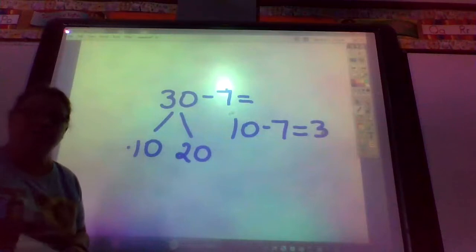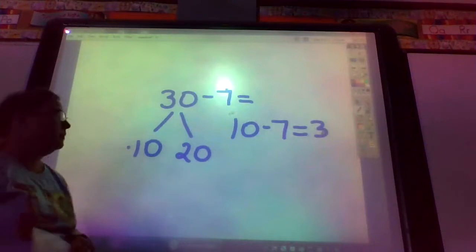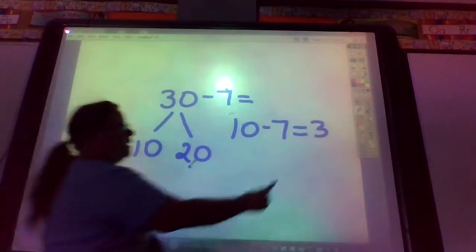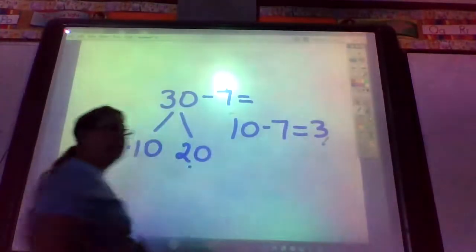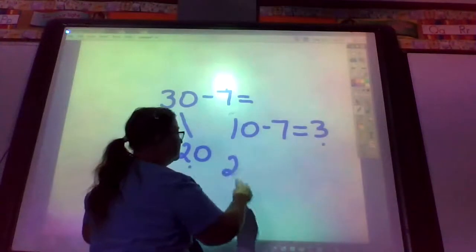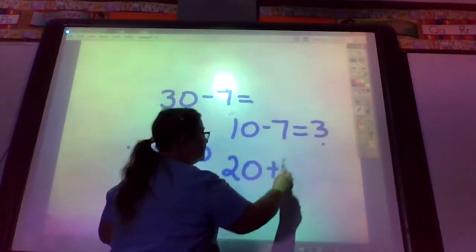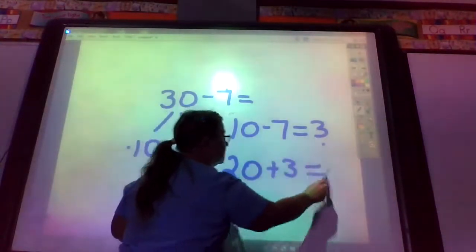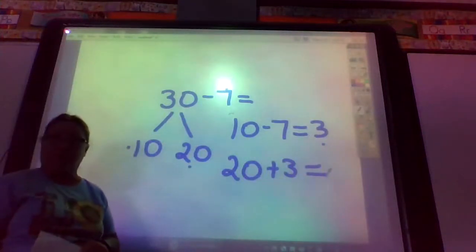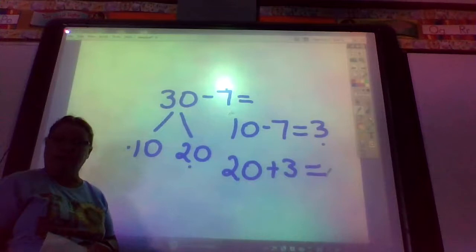Now I'm going to do the addition problem. Well, with the addition problem, I'm going to take the 20, and I'm going to take the 3, and I'm going to add them together. So I have 20 plus 3. Well, I know that I learned earlier in the school year when we first started about slide numbers.